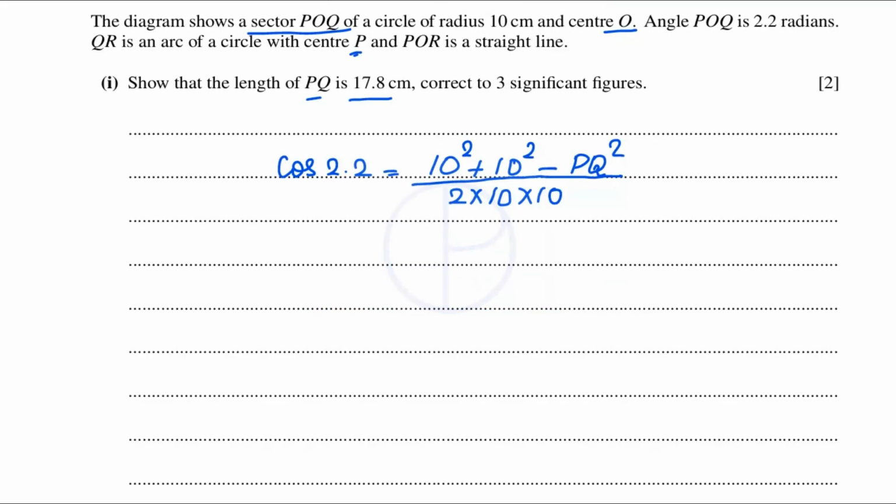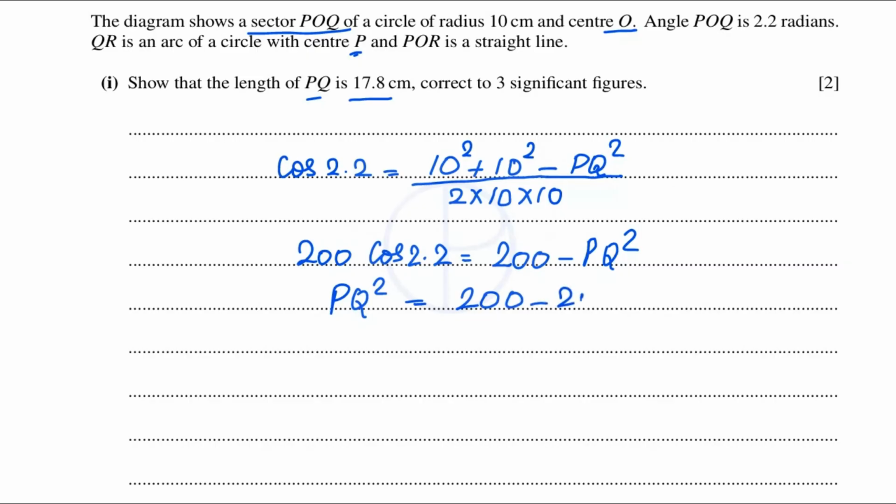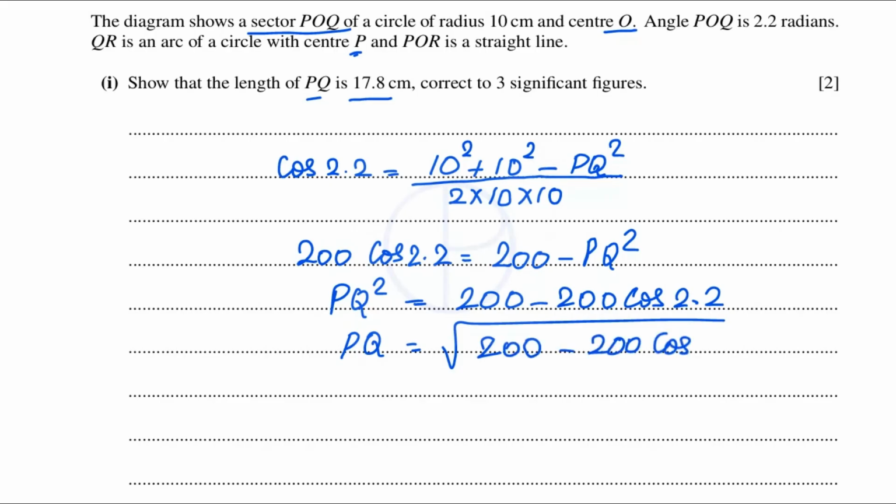Let's simplify this. 2 times 10 times 10 is 200. 200 cos 2.2 is equal to 10 square is 100. 100 plus 100 is 200 minus PQ square. So PQ square is 200 minus 200 cos 2.2. So PQ is square root of 200 minus 200 cos 2.2.